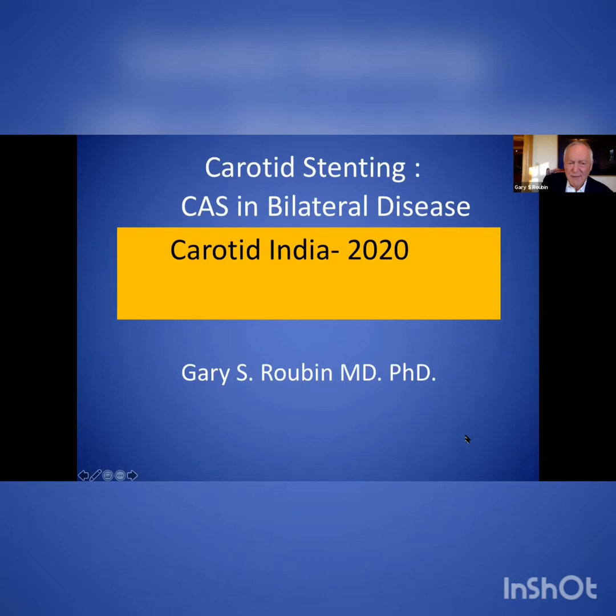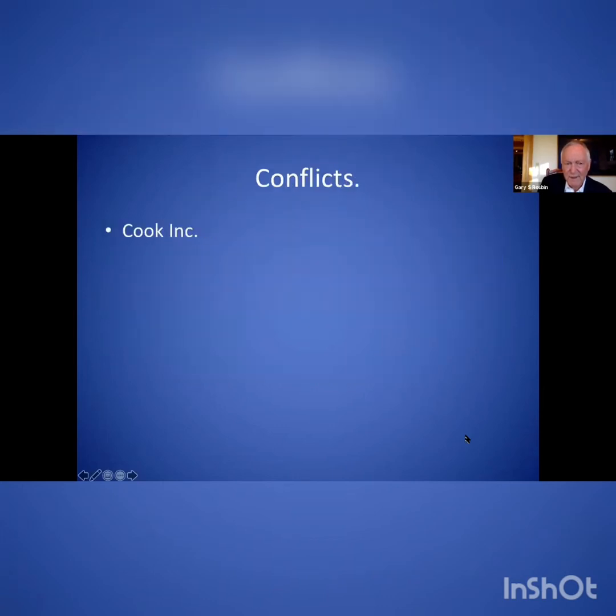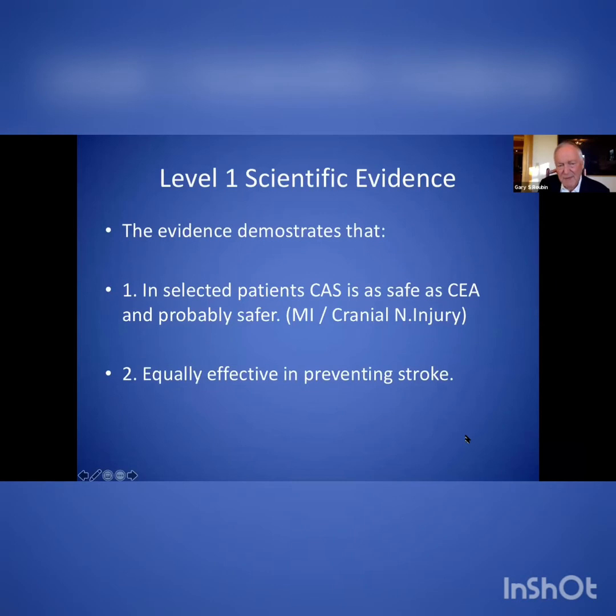So Atul asked me to talk about doing carotid stenting in bilateral disease, and I'll move through a few observations fairly quickly. I would begin by saying that we now have level 1 scientific evidence that, and I would emphasize, in selected patients, stenting is as safe as endarterectomy, probably safer because of MI and lack of cranial nerve injury.